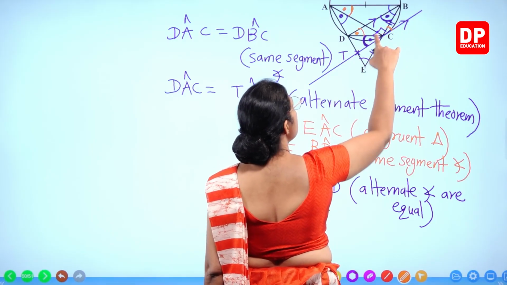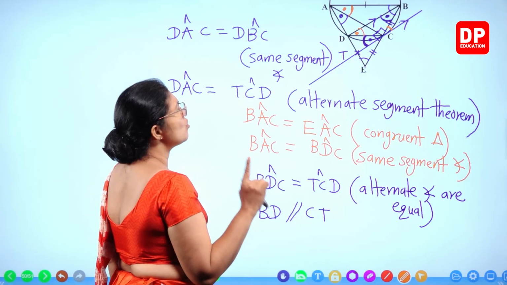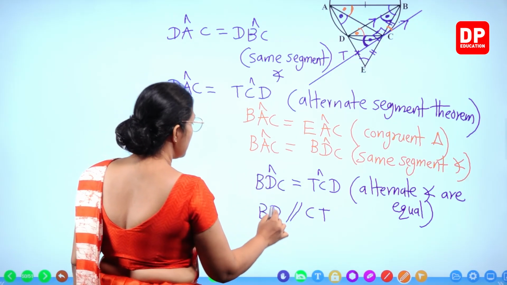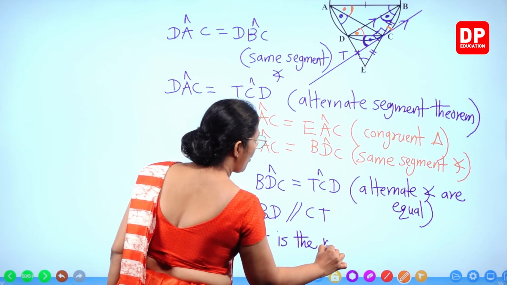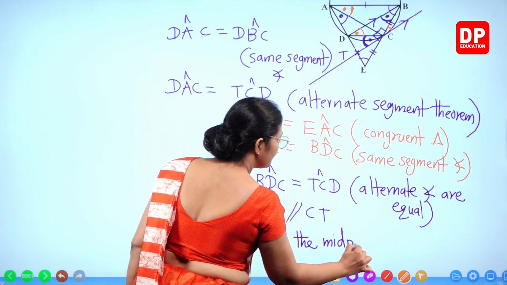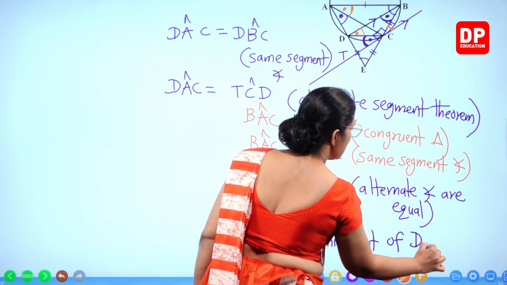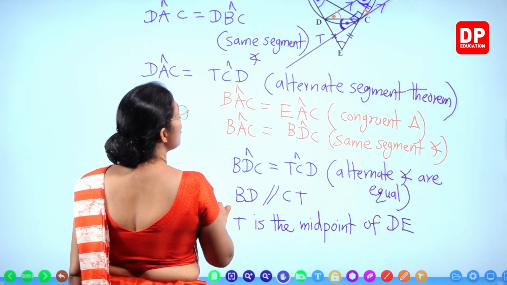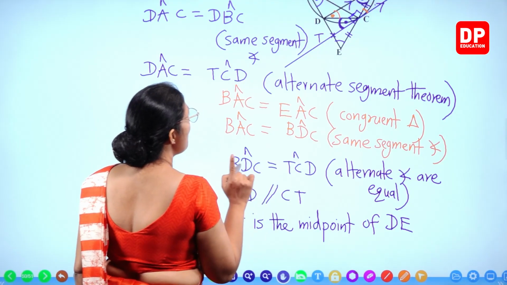And we know C is the midpoint of EB. So according to the converse midpoint theorem, you can say T is the midpoint of DE. What's the reason? Because BD is parallel to CT and C is the midpoint.